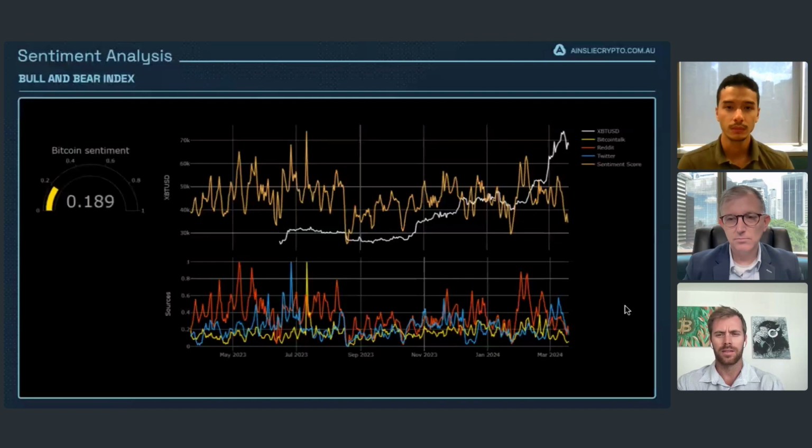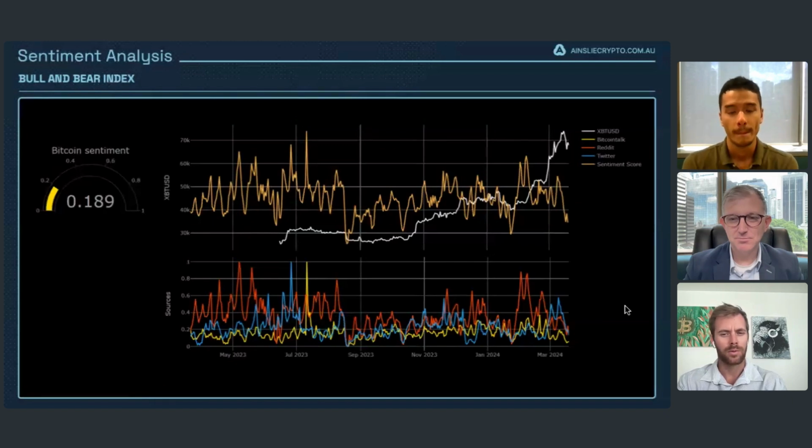The sentiment's definitely pulled back in the last couple of days from what I can see. People are starting to argue. They're starting to call each other names. They're starting to rip on the other people's coins, especially when you look at the meme coins. They're all laughing at each other, taking the mickey out of them. So the sentiment's definitely fallen.